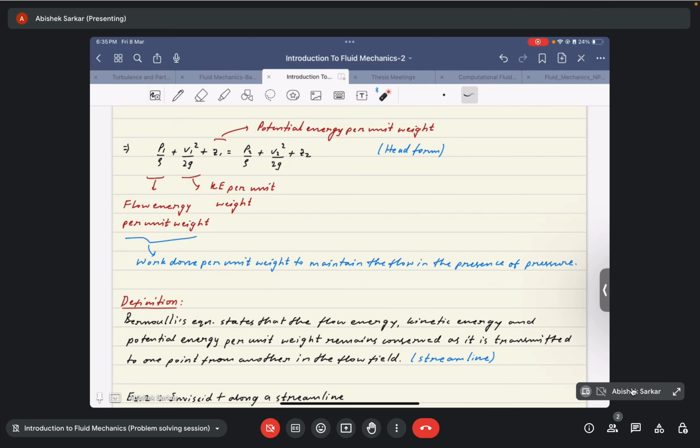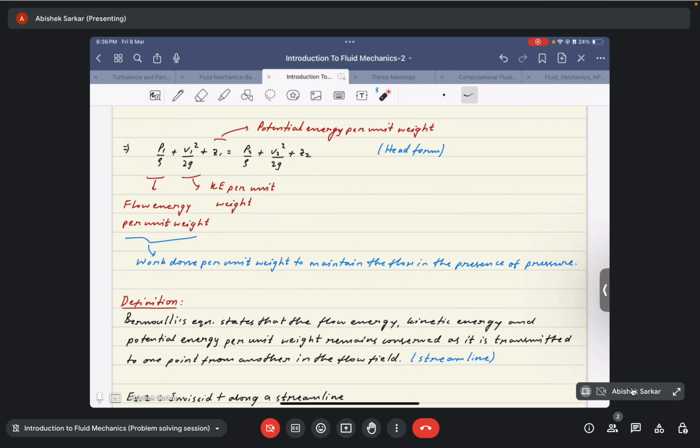But a more correct way to describe it would be the flow energy per unit weight. Professor Chakraborty has done a very detailed and very beautiful derivation regarding this and the subsequent steps, so go back and revisit the lectures so that you can get the proper gist of the concept we are discussing here.